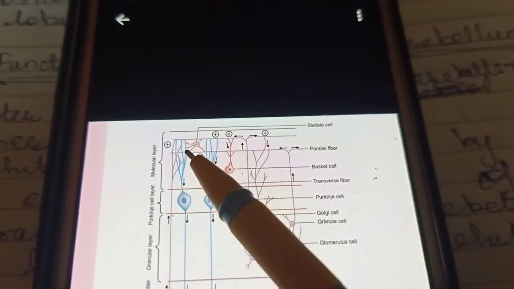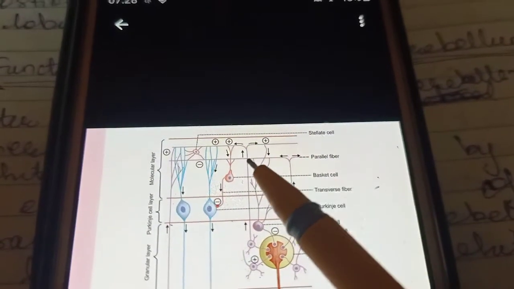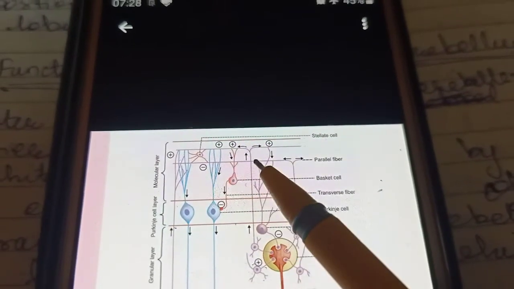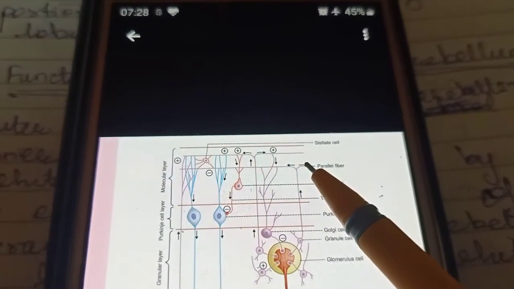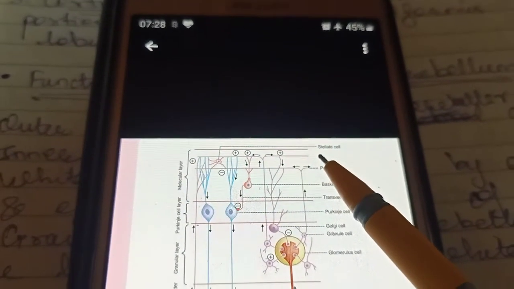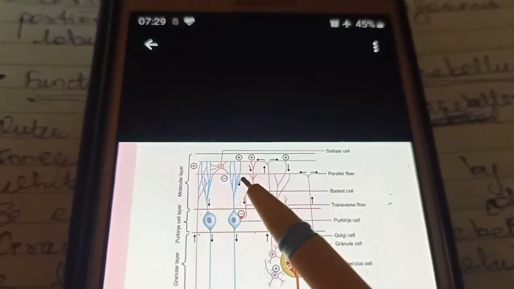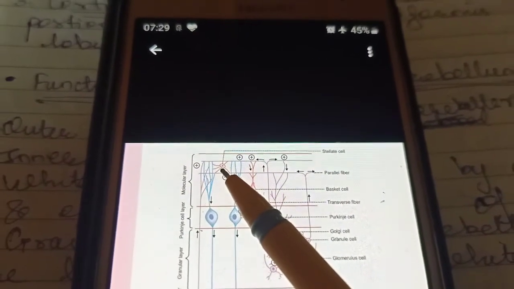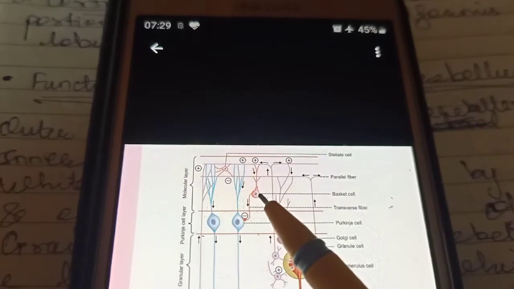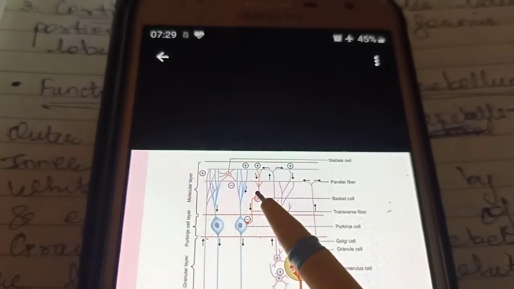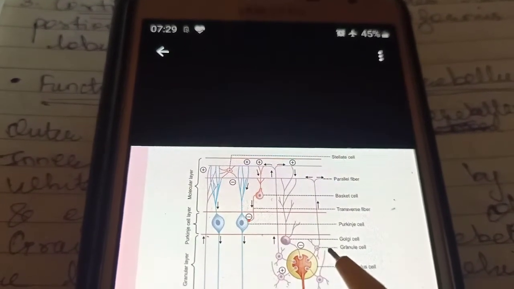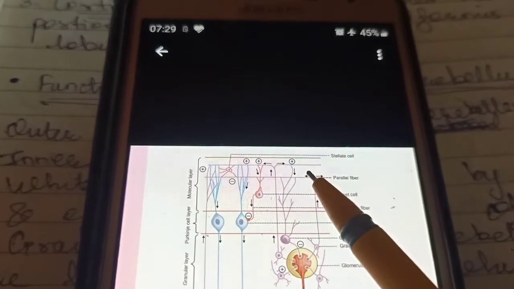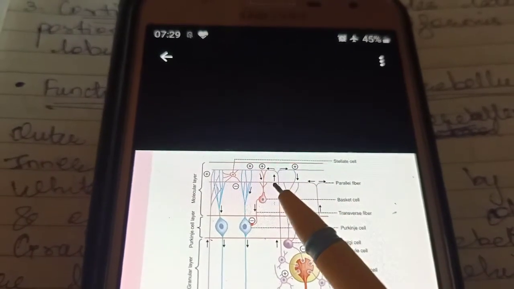You can see the stellate cell is synapsing with the parallel fibers and the basket cell is also synapsing with the parallel fibers. So this is the first cell junction: the dendrites of the stellate cells and basket cells synapse with the axons of the granule cells, that is the parallel fibers.